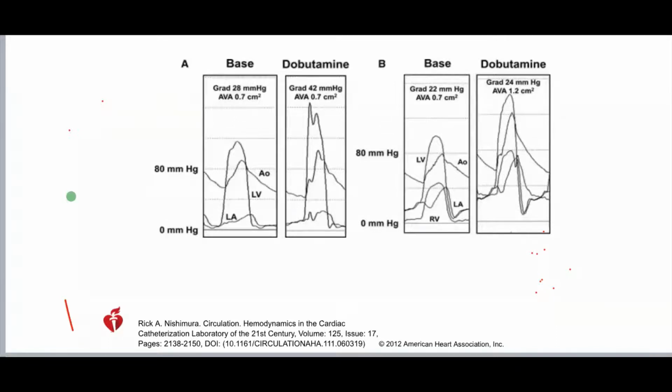When you give the dobutamine, you enhance the contractility, the flow goes robustly across the valve, it opens the area up. So we might have an increasing gradient, but we also have increase in area size. The area is no longer less than 1. It opens up, meaning there was no true aortic stenosis. We are just deceived by the low cardiac output to assume that the area is tight. Okay? So this is the difference between the two. Okay, thank you.